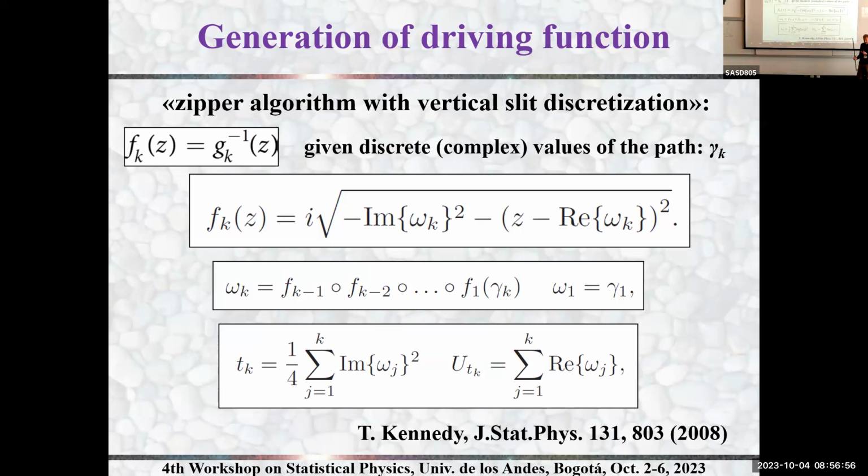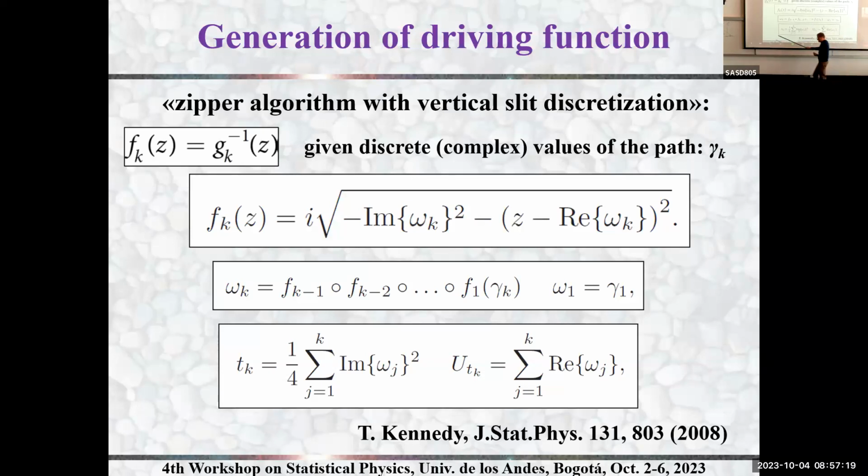That means one has to find a discrete algorithm, and Kennedy, I will now show, already in its discrete version.